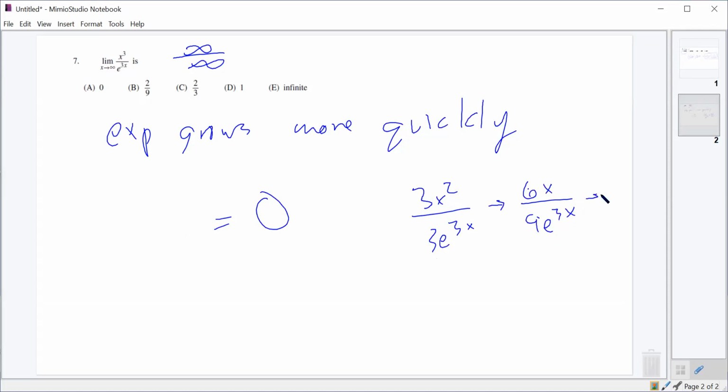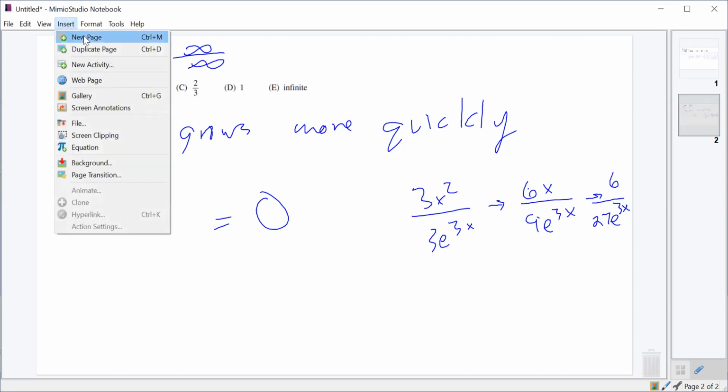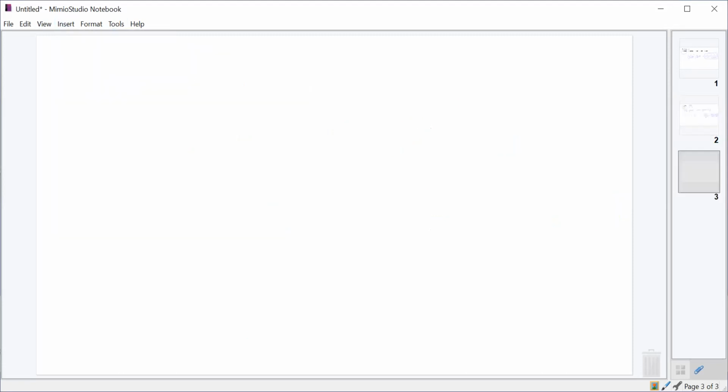But then you can use it again to get 6 over 27e to the 3x. And now we can see that we have 6 over infinity, which is definitely 0. Any questions there on 7? That makes sense to everybody?